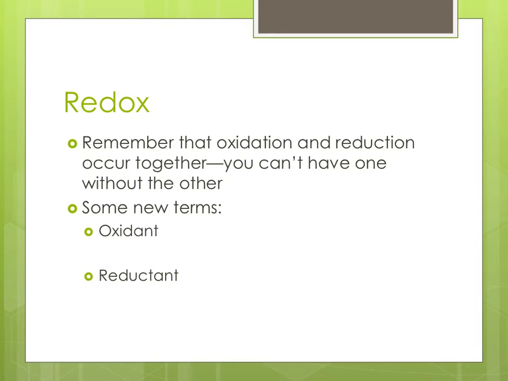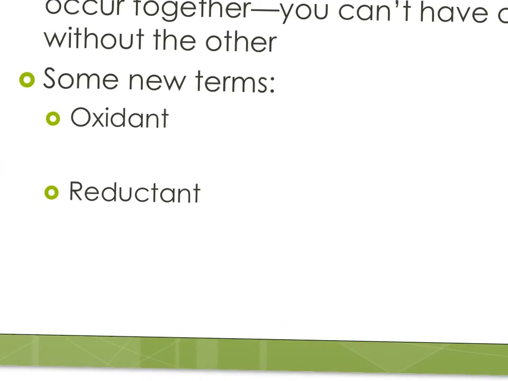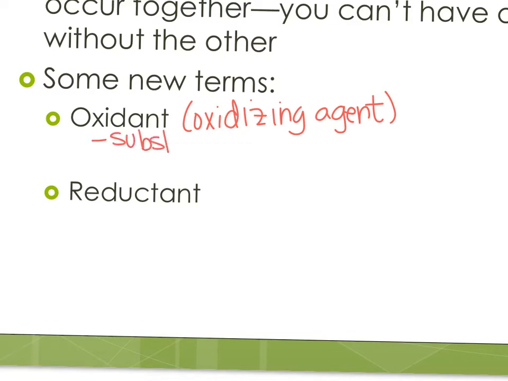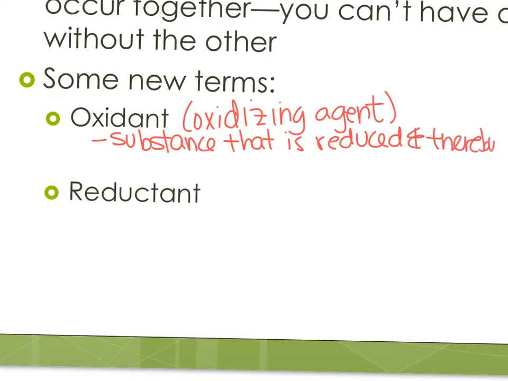Some new terms we have to talk about are the oxidant and the reductant. The oxidant is also referred to as the oxidizing agent. Your oxidizing agent is the substance that is reduced and thereby causes the oxidation of something else.